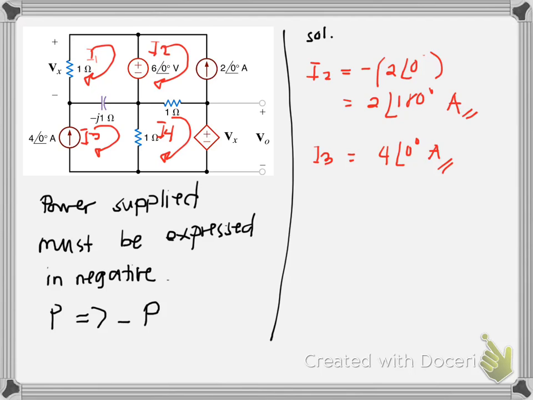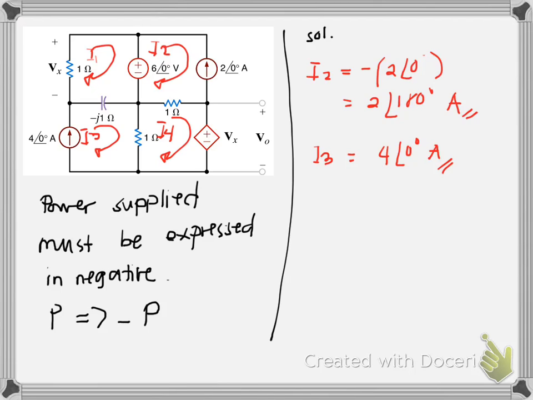So take note that the values for the current and voltages here are not in RMS, but we are only asked to solve for the power supplied, so it doesn't matter if you're going to denote the solution in RMS value. Okay, so again, there's no need to solve for the RMS value since it is not asked that we are going to solve for the complex power, but generally we are asked to solve for the power only.